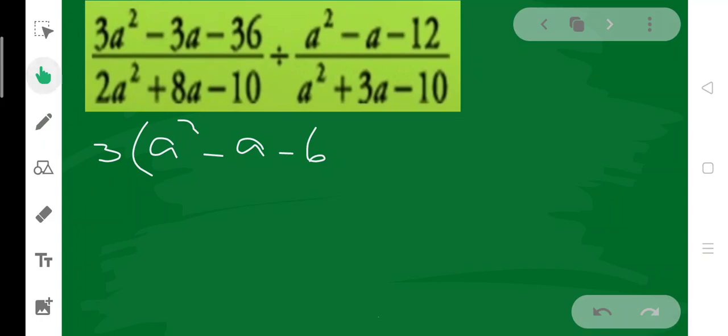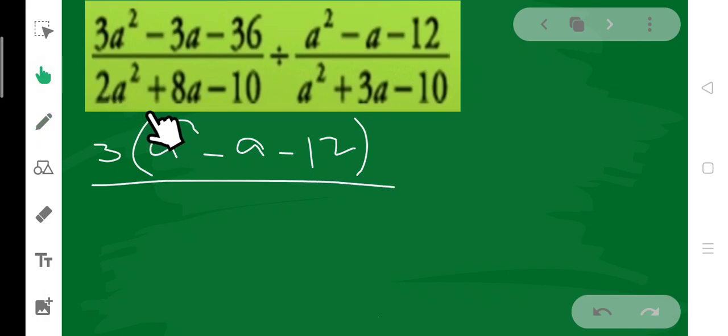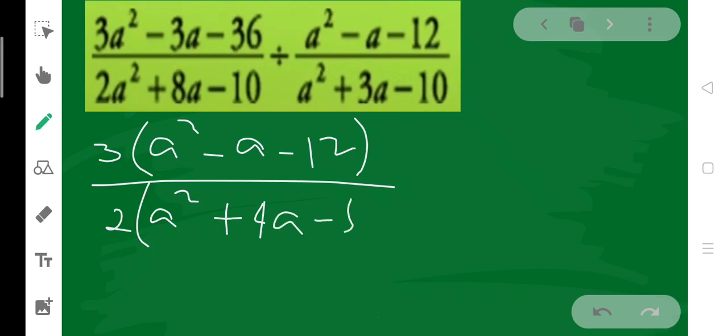Minus, okay, we have negative 36 divided by 3. That is, okay, 12. Negative 12. Okay, now for this one, the common factor is 2. Common monomial factor. And then the other factor would be a squared plus 4a minus 5.